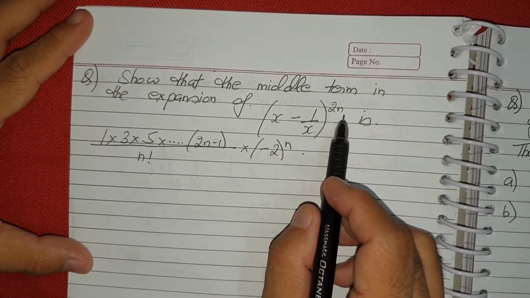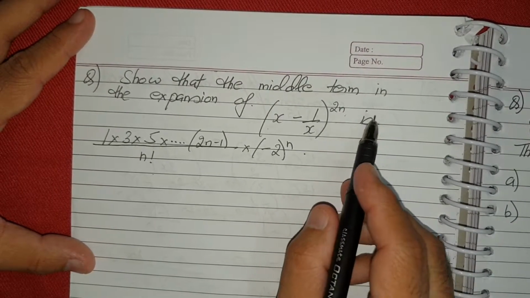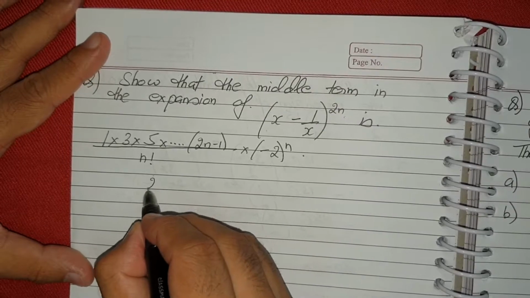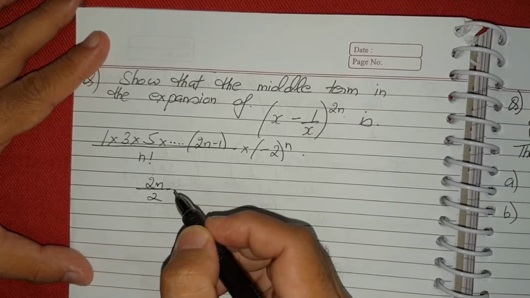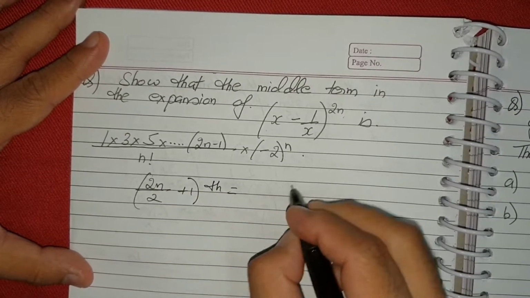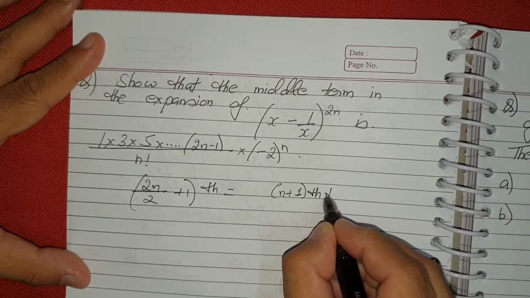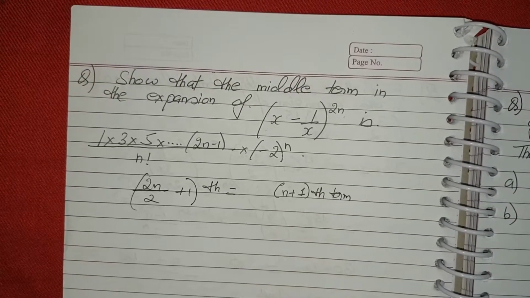N is actually 2n. We know that if n is an even number, then the middle term will be the (2n/2 + 1)th term, meaning the (n+1)th term is the middle one.